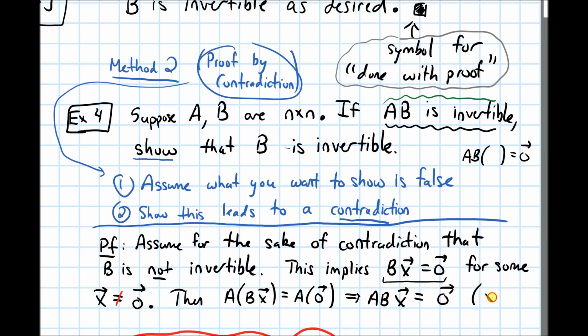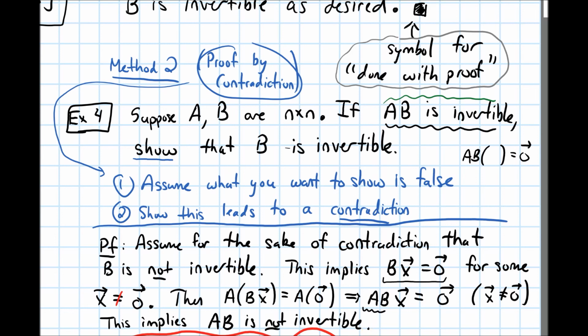And recall that X is not equal to 0, which means that this homogeneous system has a non-trivial solution. And because there's a non-trivial solution, that means my matrix, in this case A times B, is not invertible.